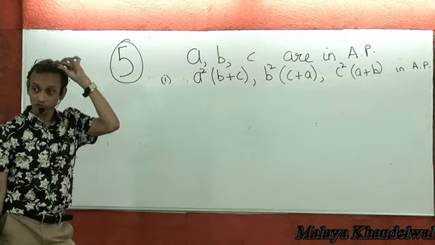Sixth problem is about two APs. There is an AP1 which has the following set of terms: 3, 5, 7, etc., 100 such terms.